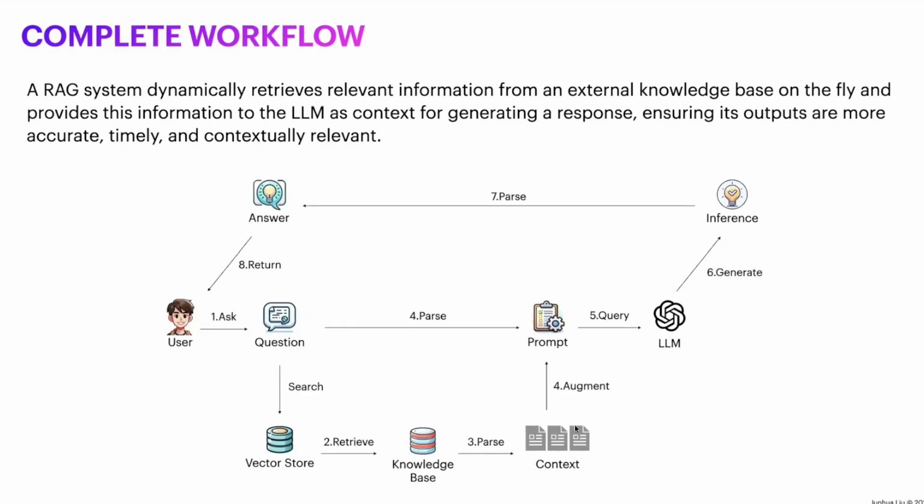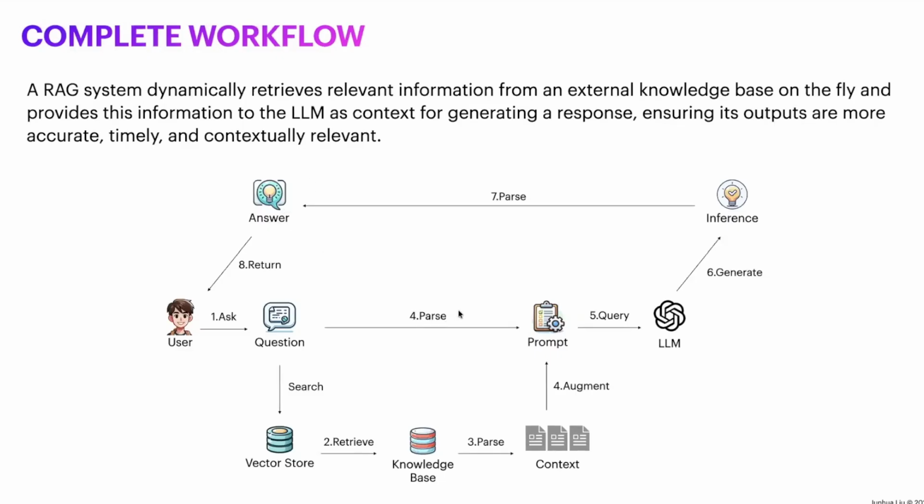Then these chunks will be passed into context. The context and the original question will be merged into a new prompt with some prompt templates. This new prompt will then be passed into the large language model for inference, and the inference will be processed into an answer that is passed back to the user.